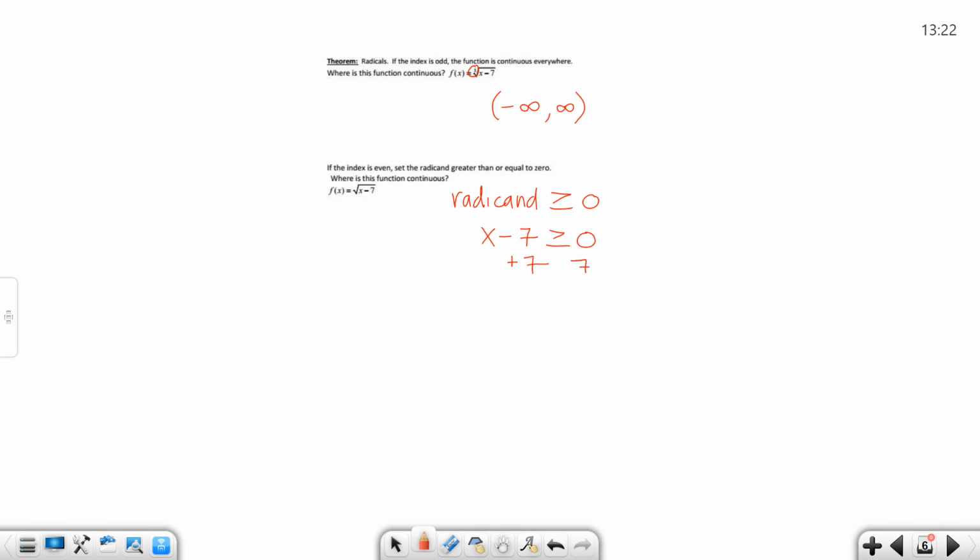I'd add 7 to both sides, and x is greater than or equal to 7. Now in an online course, multiple choice is the way that you work it, and so in a multiple choice setting, make sure you pick the one with the bracket. Parenthesis would not be the correct answer for this one. So that's how that one would look.